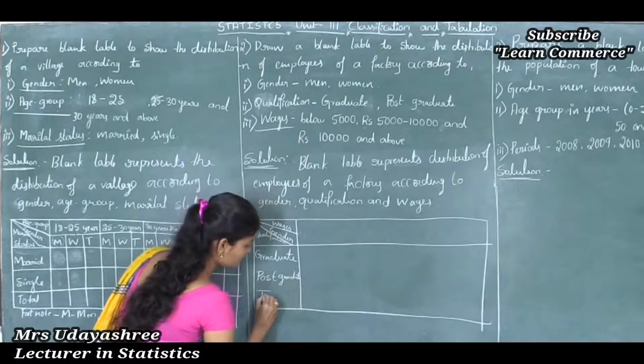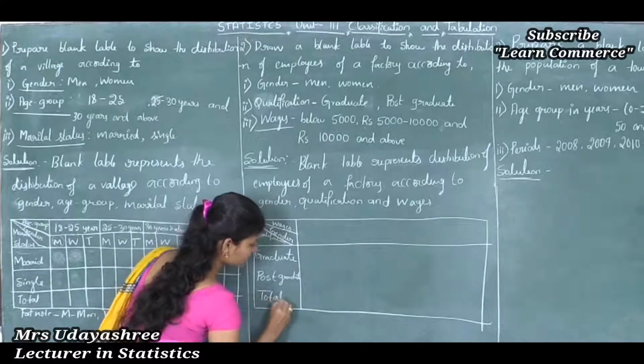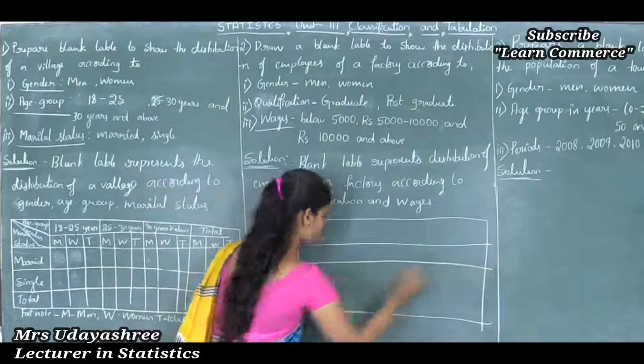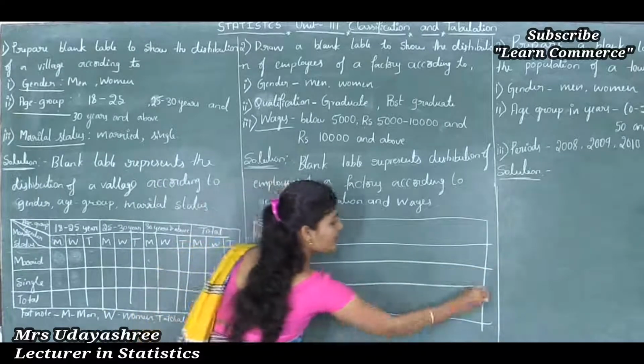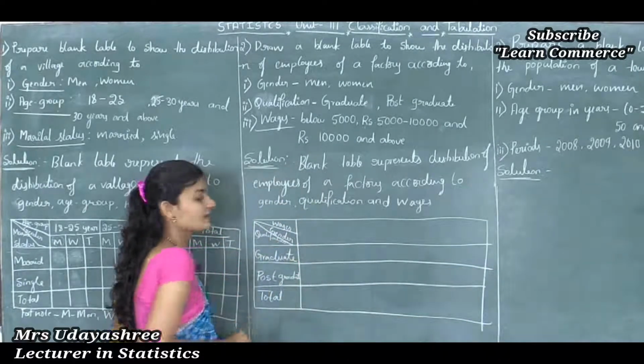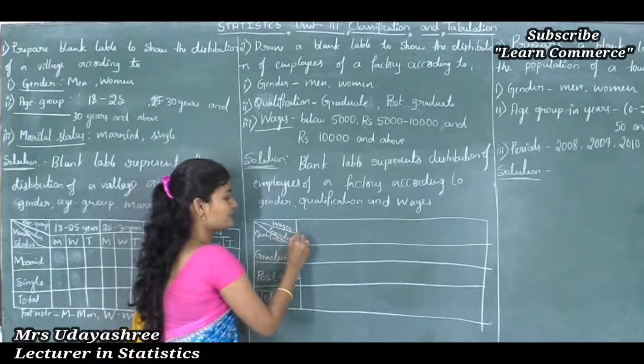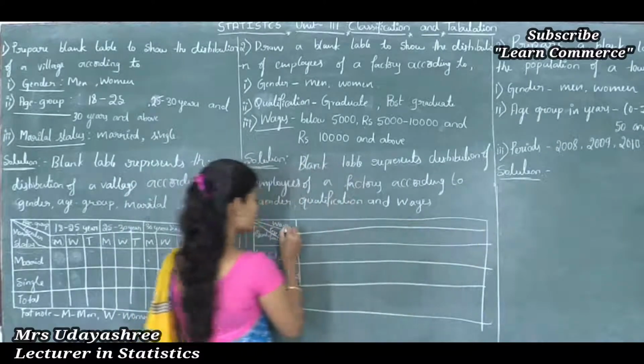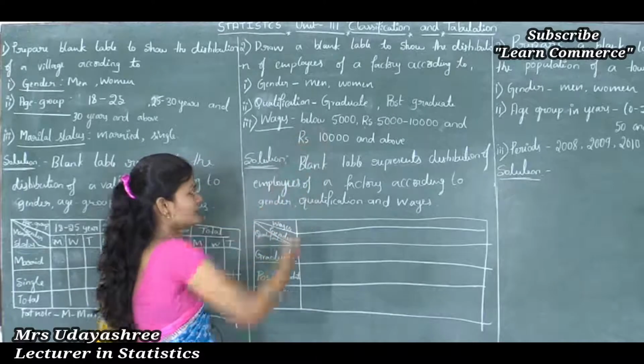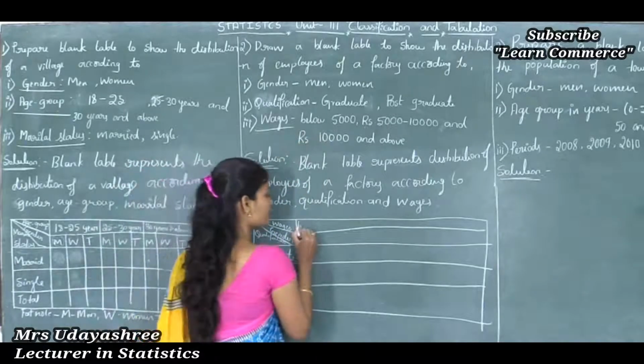The last column is total. Next, the first one is wages. Under wages, in front of wages I will write the wages given, that is below 5,000.